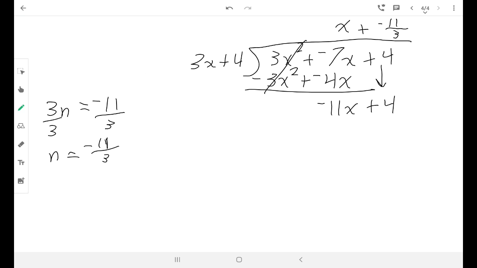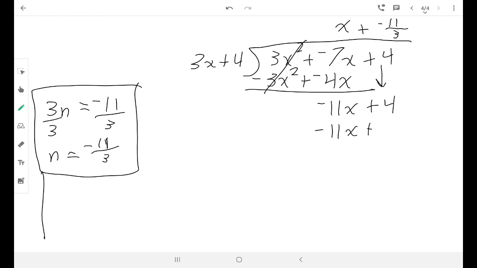That's the number that I need, and I need to distribute that number. Negative 11 over 3 times 3x is negative 11x plus negative 11, so there's part of the work.